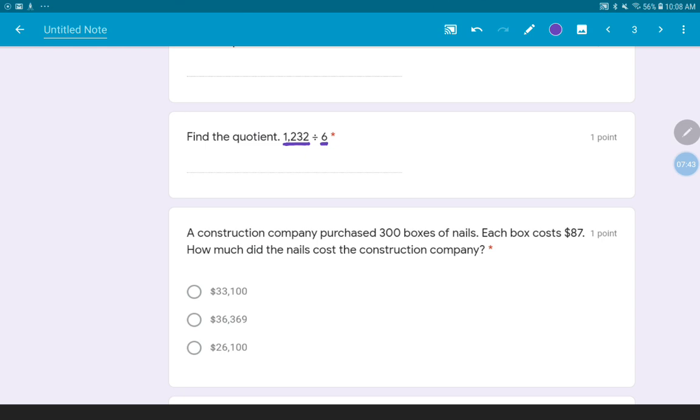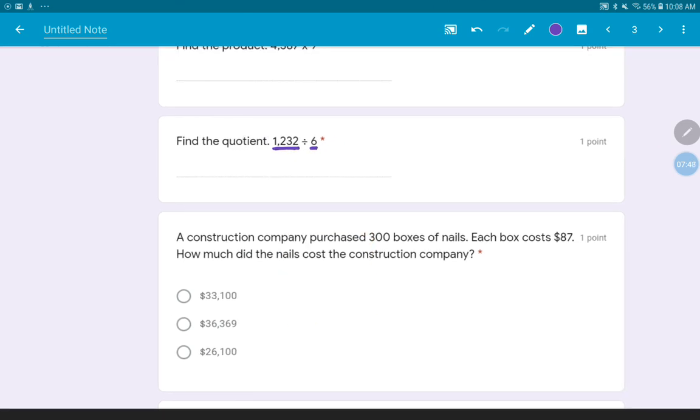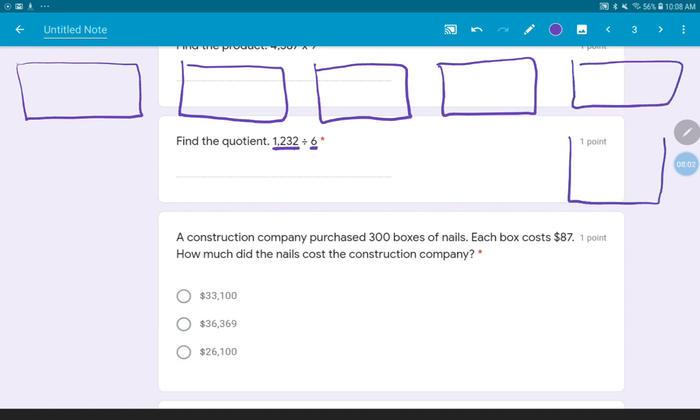So I'm going to go ahead and make my 6 groups. 1, 2, 3, 4, 5, 6. So I want to take care of my thousands first. Can I put 1,000 into each group? No. So what do I need to do, Amy?